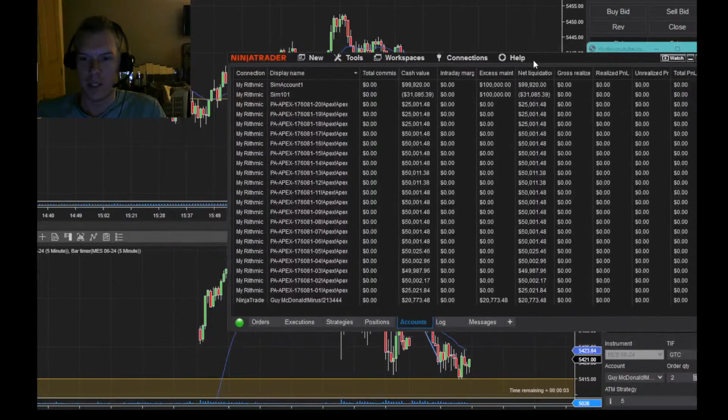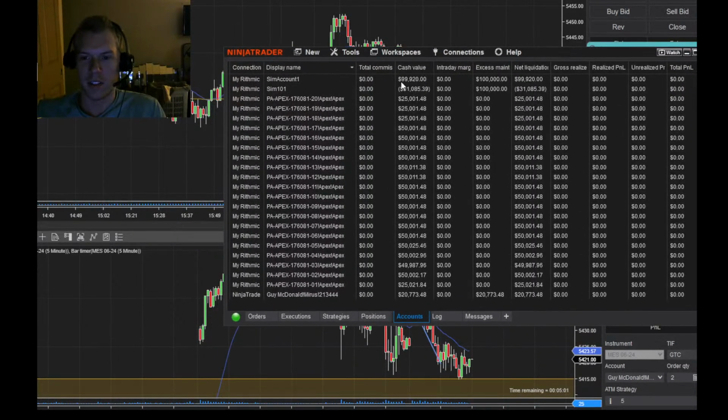Just taking a look at the accounts I've got here. So they've all pretty much had very minimal trading on them.